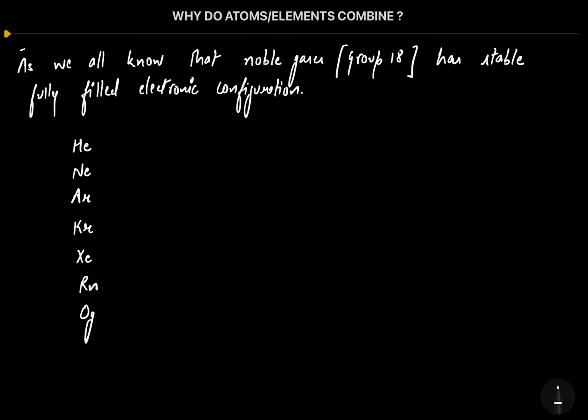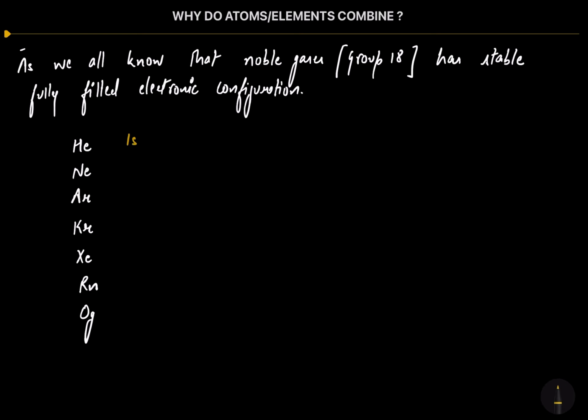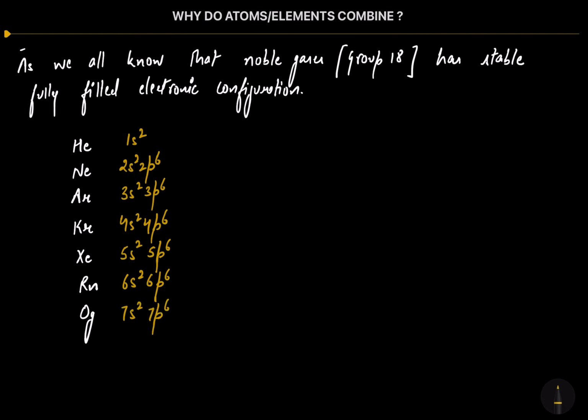So what are the electronic configurations? Helium is 1s2, neon is 2s2 2p6, argon is 3s2 3p6, krypton is 4s2 4p6, xenon is 5s2 5p6, radon is 6s2 6p6, and finally oganesson is 7s2 7p6.